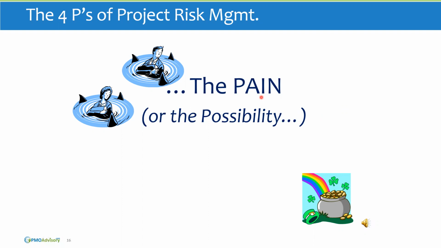We know from a change management perspective that when we feel pain, that's when we want to make changes. And also there's a possibility, this pot of gold at the end of the rainbow, that we can obtain through management of opportunity risks.